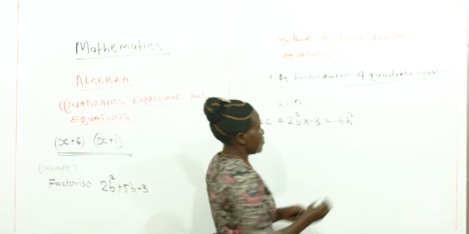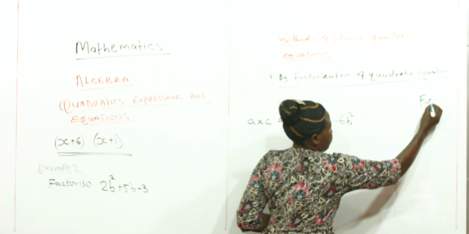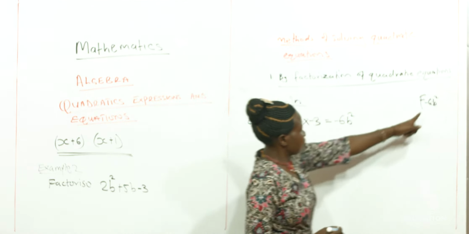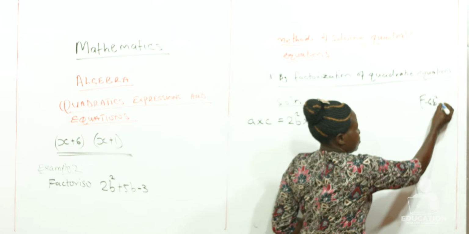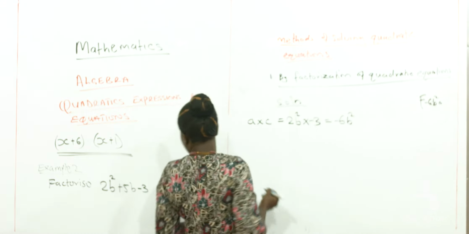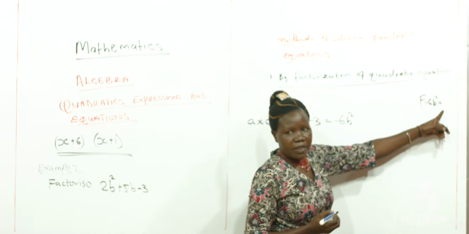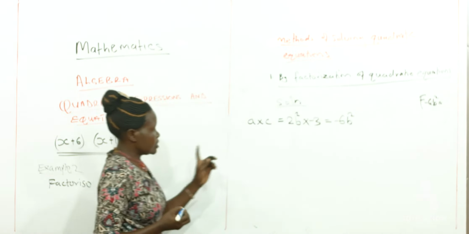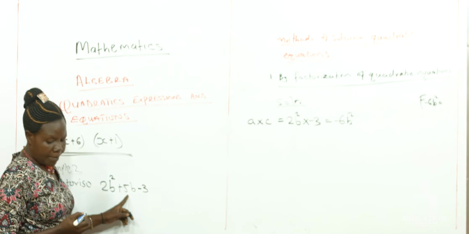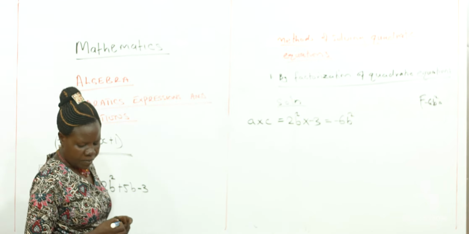Then we look for the factors of negative 6b squared. If we multiply them, it must give us negative 6, and when we add, it must give us positive 5.